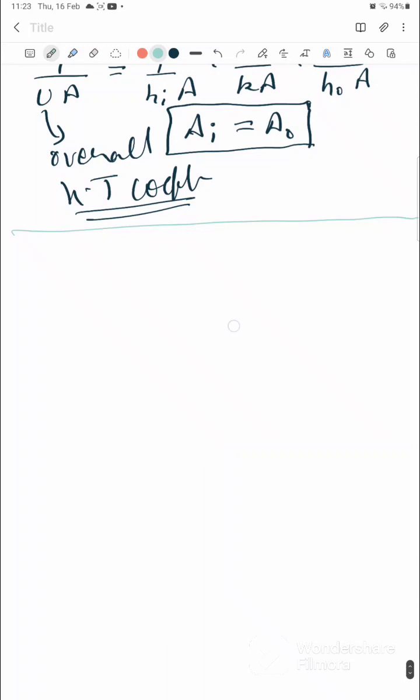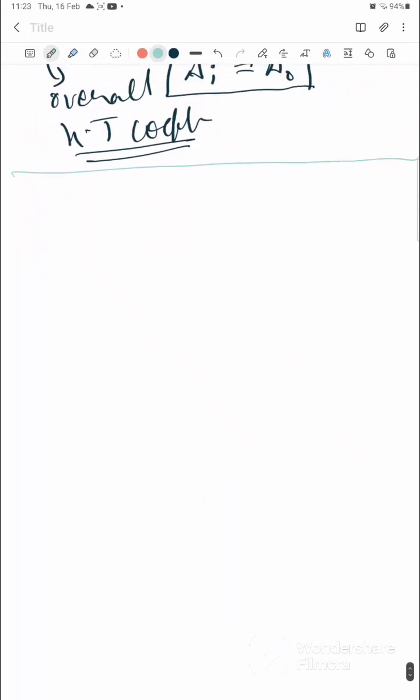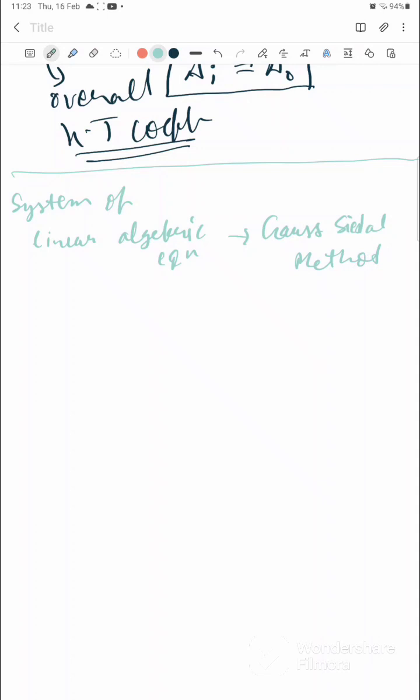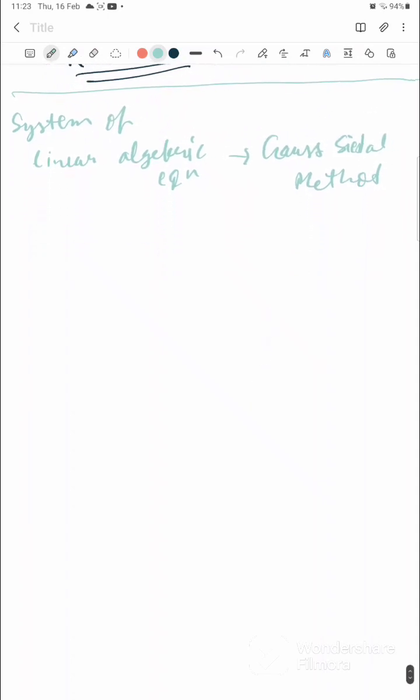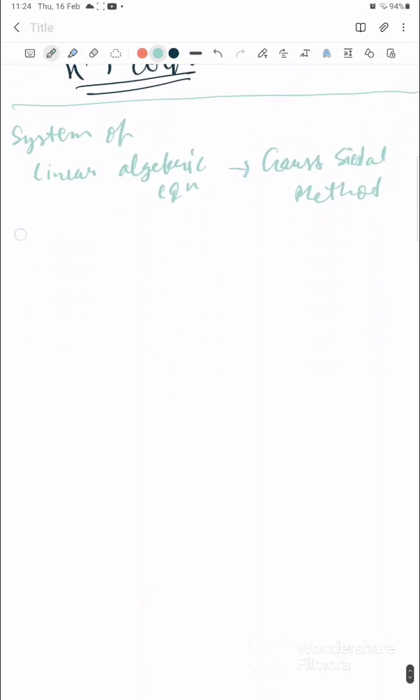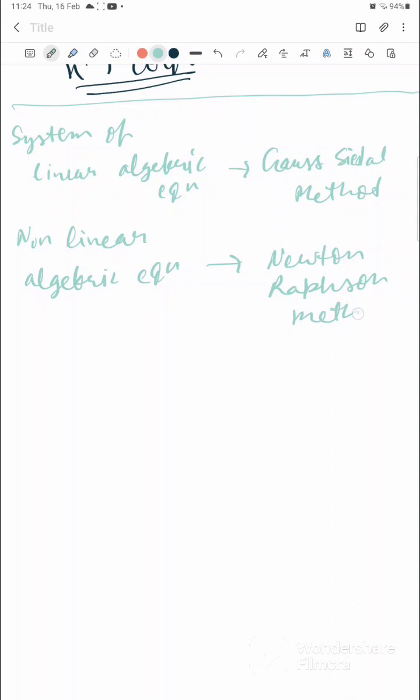We know that we can solve these complex systems like a system of linear algebraic equations through the Gauss-Seidel method. Non-linear algebraic equations we can solve through the Newton-Raphson method.